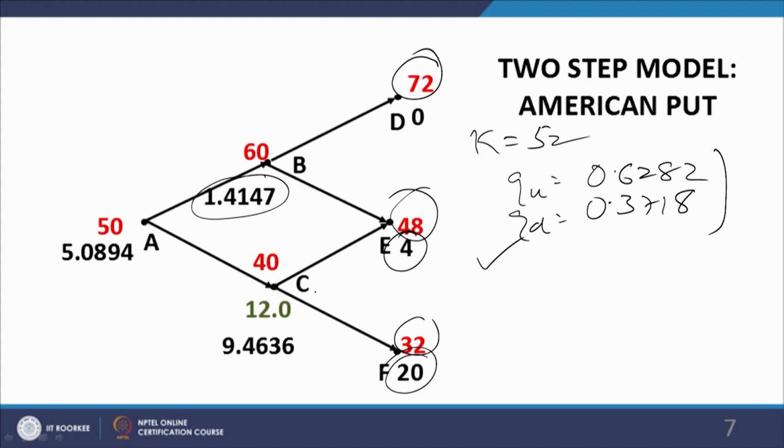So, obviously, at this point at the node C, it is optimal to exercise the option. Should the system evolve in such a way that node C materializes, I would be better off exercising the option at this node rather than carrying it forward for the next year, for the second year. So, I should exercise the option at the end of the first year if the stock price goes down to 40, because I will get a payoff of 12 in distinction to the value of the option at this node, which is given by 9.4636.